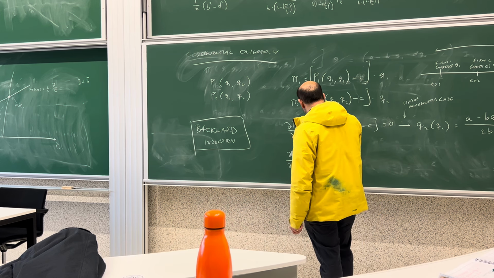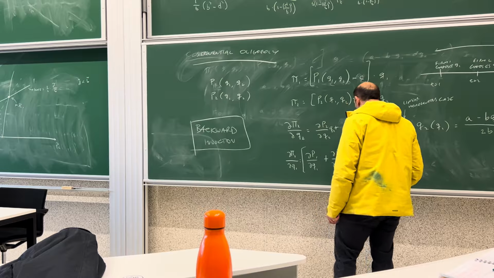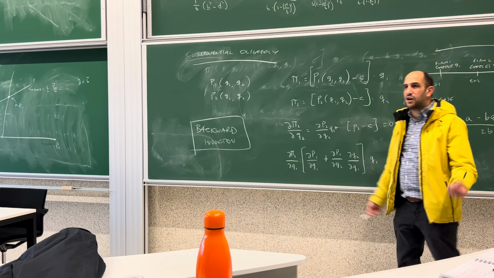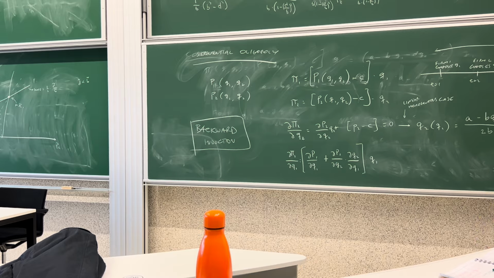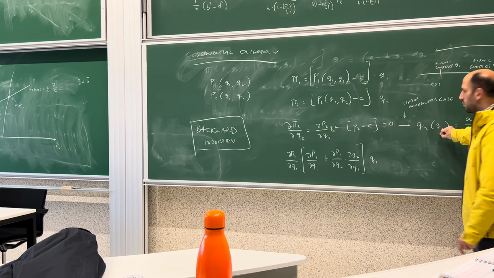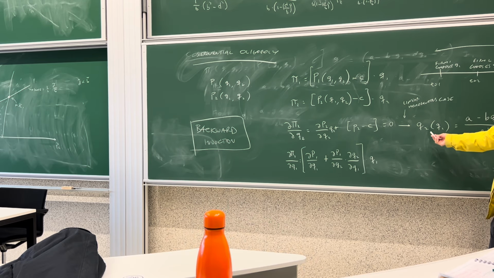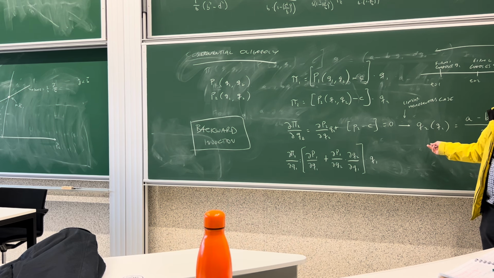Okay, and then I do this whole thing times Q1, right? This is what I'm saying. How's my price going to change if I increase my quantity? Well, if I increase my quantity, that is going to have a direct effect on the price, right? Through the demand function. But then if I increase my quantity in the next stage, that's going to affect the first order condition and the best response function through the first order condition of firm 2.